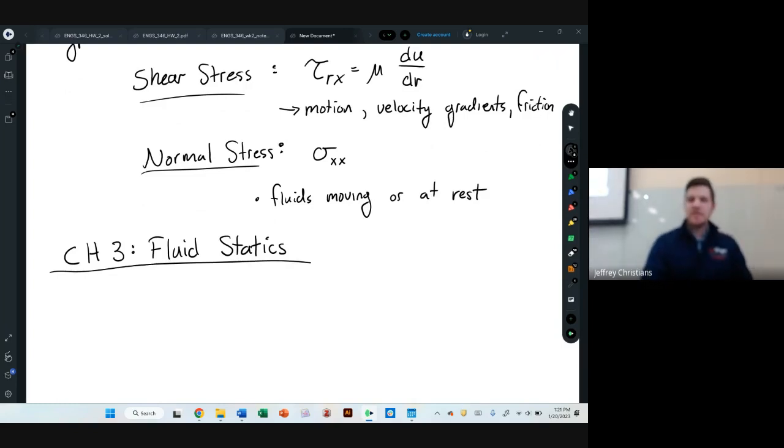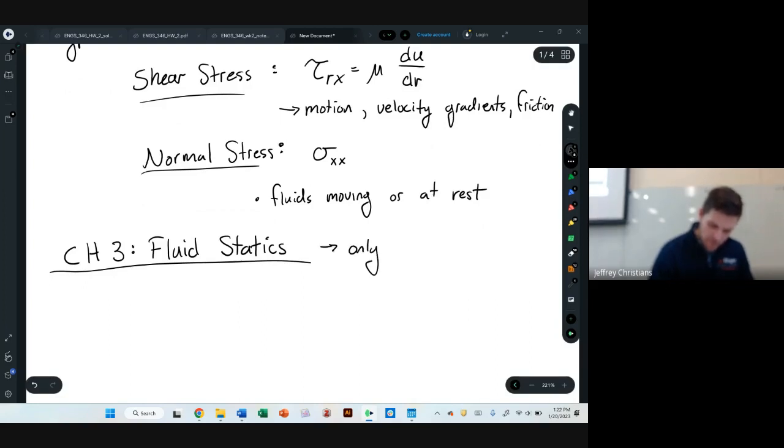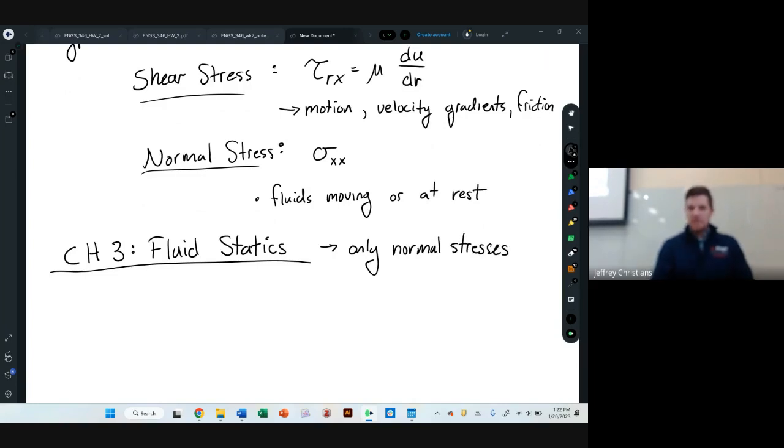Okay, so in fluid statics, in this section, we're only going to care about normal stresses. These fluids could still be at rest or in motion.